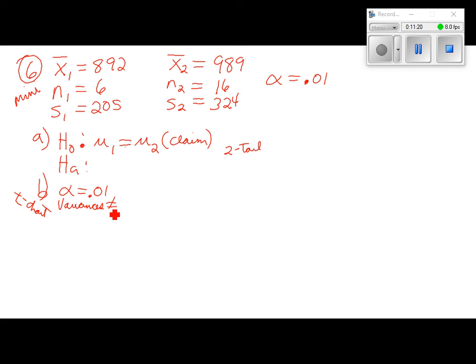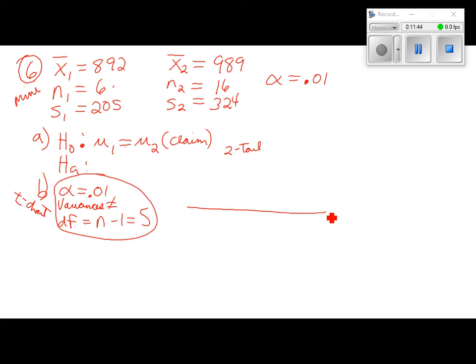So there's different formulas when the variances are equal, like on number 5, and not equal on number 6. Our DF then, all we do is take the smallest N and we do that minus 1, and that's going to give us our DF. Then we use those two things to find our critical values.